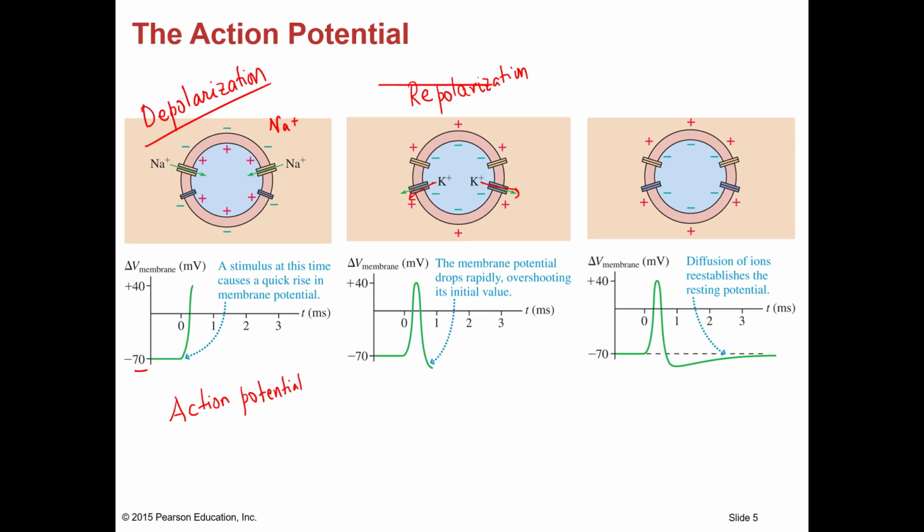Okay. That means now again we have positive on outside and negative on inside. So repolarization is done by exchange of sodium and potassium. So in the beginning we have sodium ions outside, but now we have potassium outside and sodium inside. Okay.